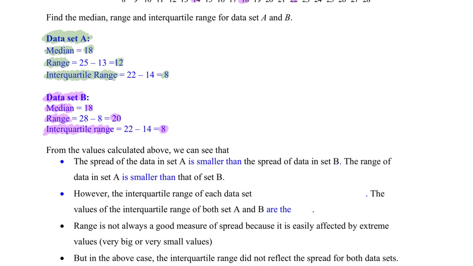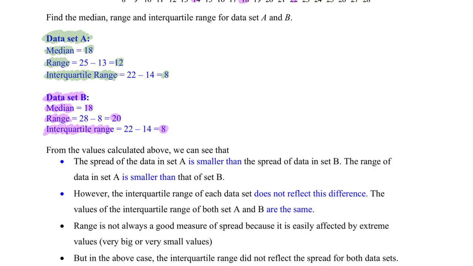So that is comparing the range. But the interquartile range, what do you notice? The interquartile range did not reflect this. Rather, they are the same. So if we rely only on the interquartile range, we will not be able to see this difference in the spread of the data.